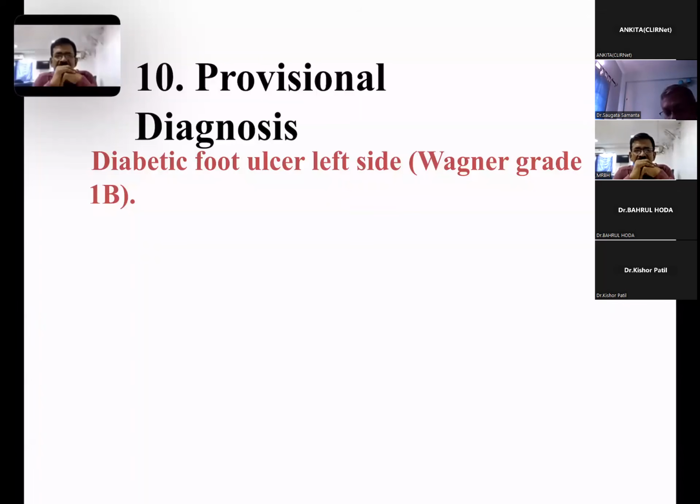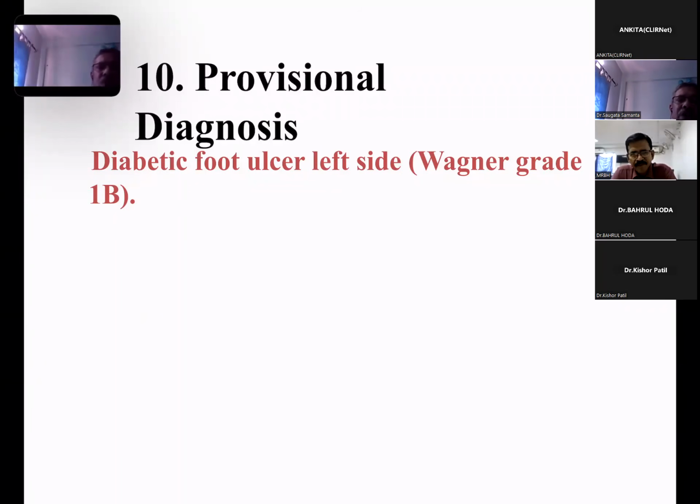So you have to think of some flap coverage. On the dorsum of the foot skin grafting may do, but on the under surface, the plantar aspect, you have to do flaps. Okay, and then vascular improvement you have done, and then that should take care of it.